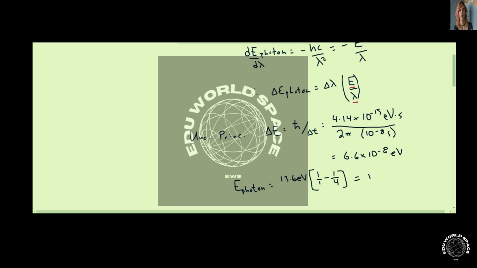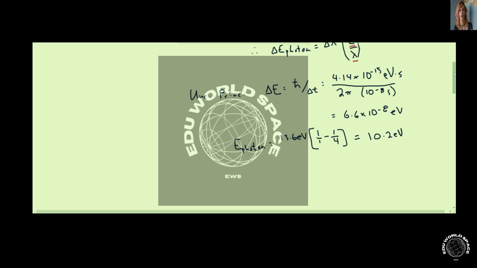And that's easy, 10.2 electron volts. And we can find the wavelength, again using our atomic units. And we get about 122 nanometers.